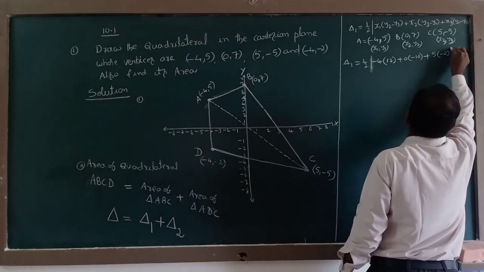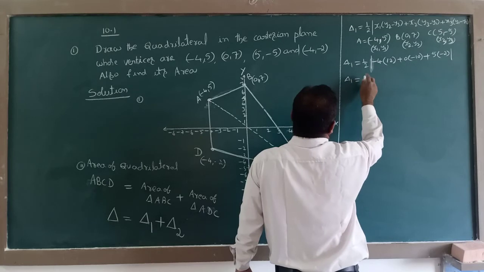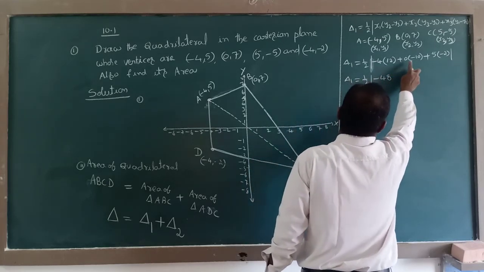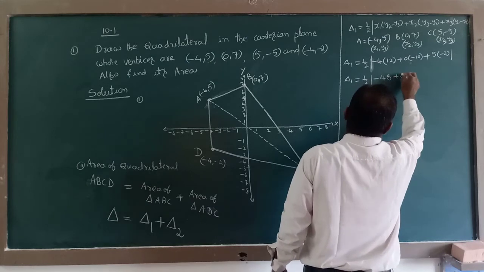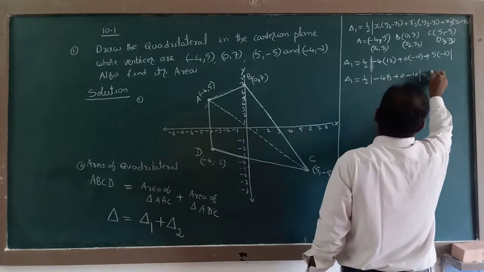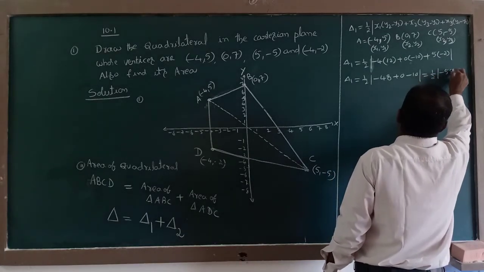So delta 1 is half into modulus of minus 48 plus 0 plus 0 minus 10, which is half into modulus of minus 58.